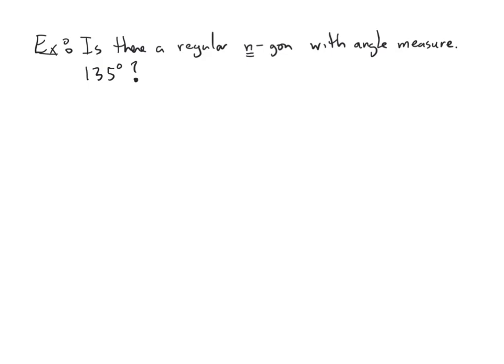Okay, now that you're back, let's do this. So remember that the angle measure of a single angle inside of a regular N-Gon, since the sum of the angles has to be divided evenly, since every angle is congruent, is n minus 2 times 180 over n.